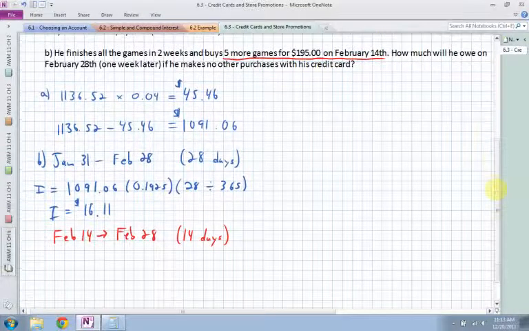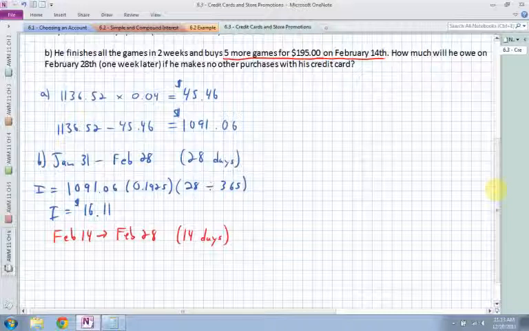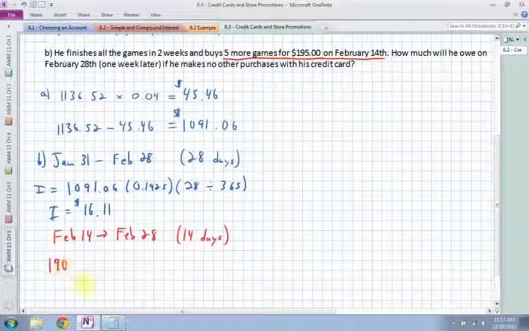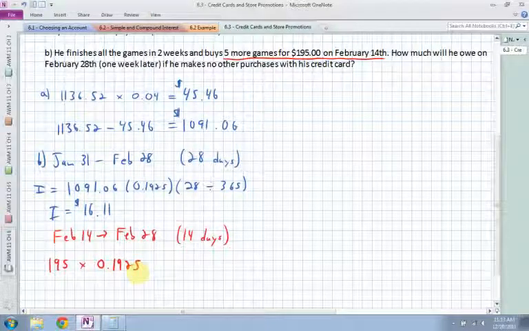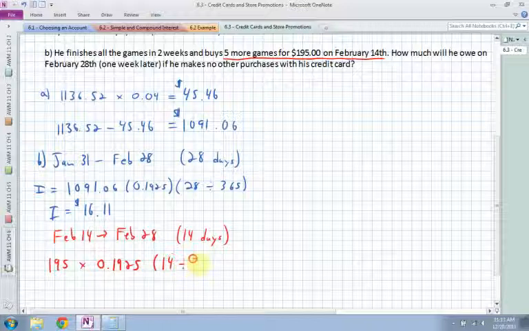And this is the amount of interest he's going to pay on the $195 because he puts that on his credit card. And he's getting charged, again, the 0.1925, the full amount. This time it's for 14 days, so we have 14 divided by 365. And this is the amount of interest.